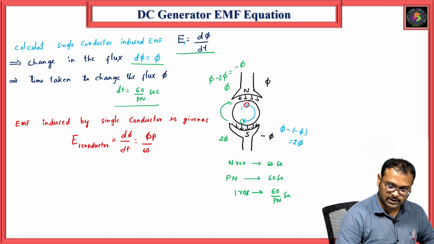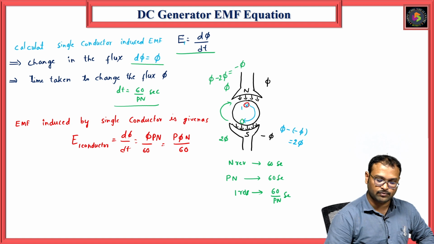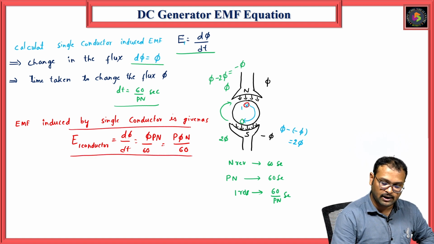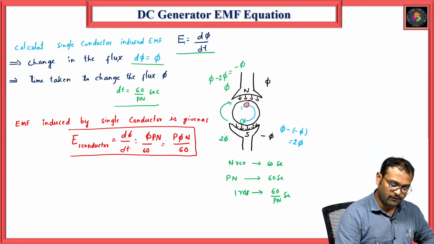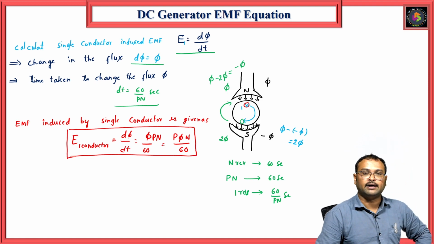So Pn will come upside, so we can write P phi n by 60. So this is the EMF induced by the single conductor.